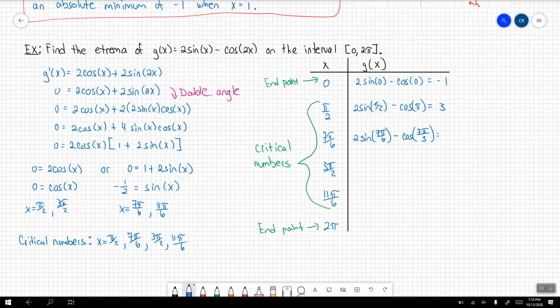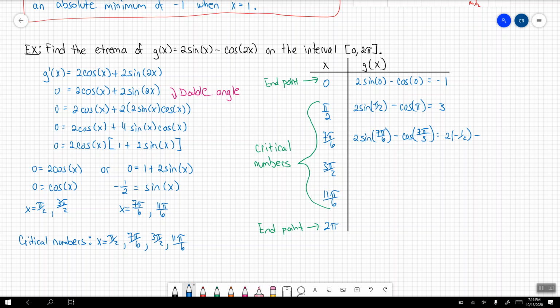So we go through and evaluate this. Sine at 7 pi/6 is -1/2. So that's pretty cool. We get -1/2 here, and that's now multiplied by 2, minus cosine at 7 pi/3.